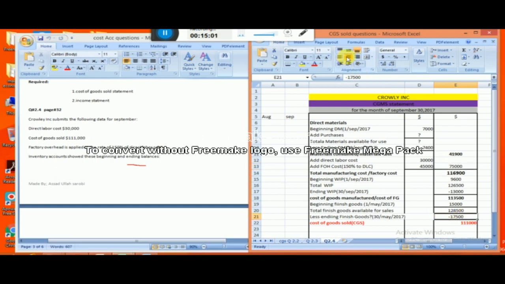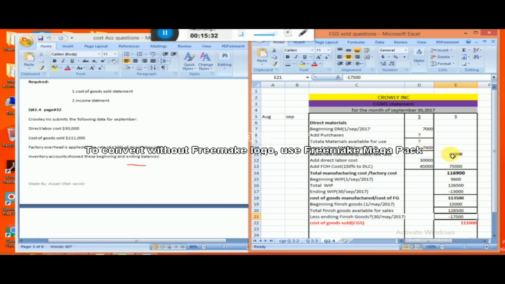Now we find again the missing items. The missing item is total material available for use. So look, this is manufacturing material cost, material cost less ending direct material. So in this case we will add the ending material to the material consumed. Why? We want to calculate the missing total material available for use.